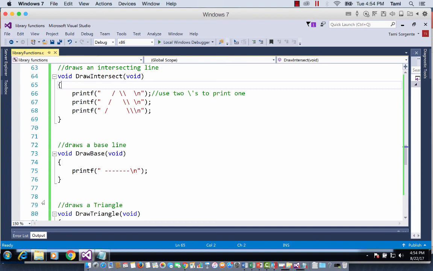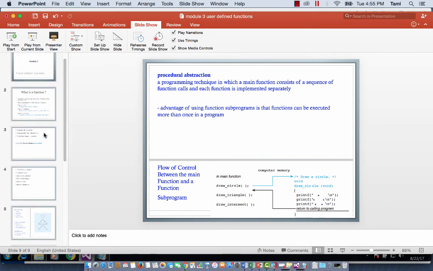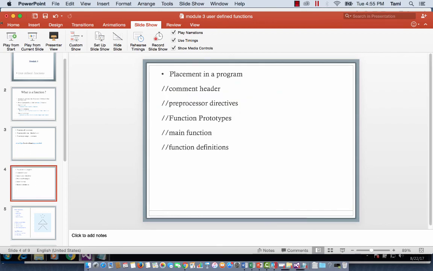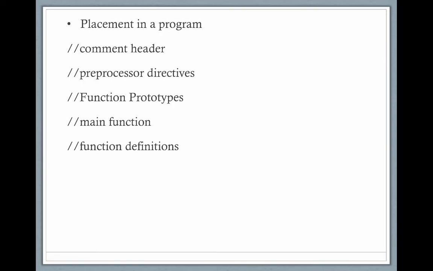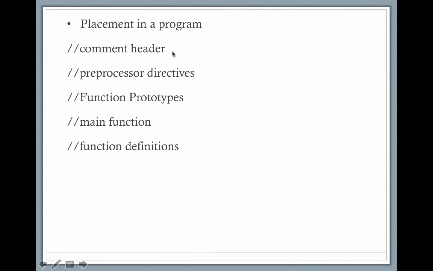So let's just repeat the way that the program is set up: the comment header goes at the top, followed by your preprocessor directives, followed by your function prototypes, followed by your main function, followed by the function definitions.